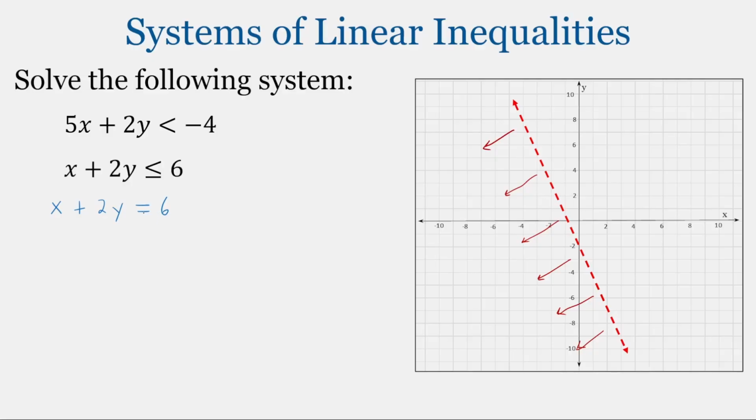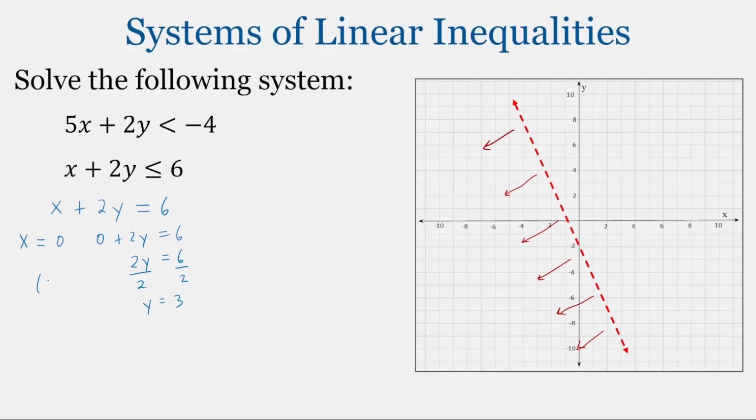And I'll go ahead and graph this boundary line by finding both the x and y-intercept. So if we set x equal to 0, we'll find that y-intercept will have 0 plus 2y equal to 6. This is 2y equal to 6. And then dividing both sides by 2, we get y equal to 3.